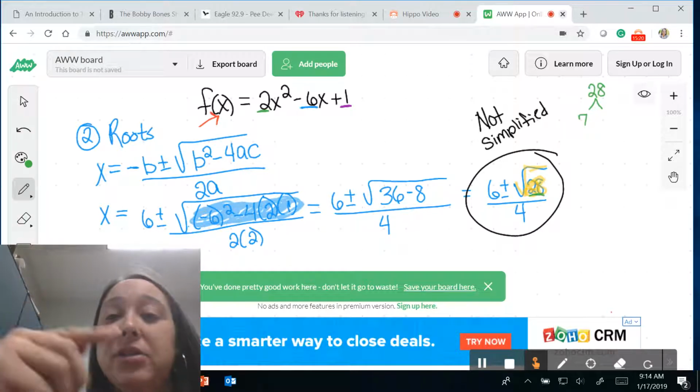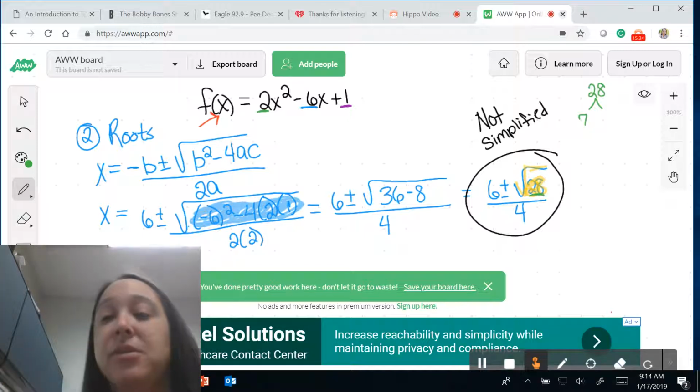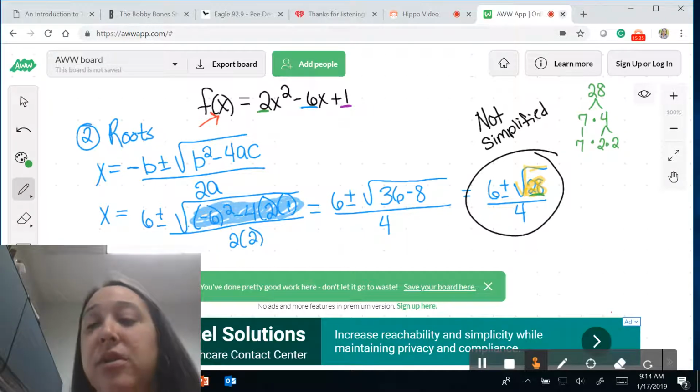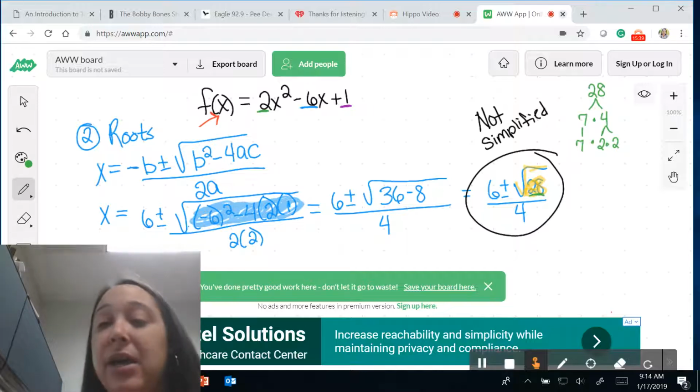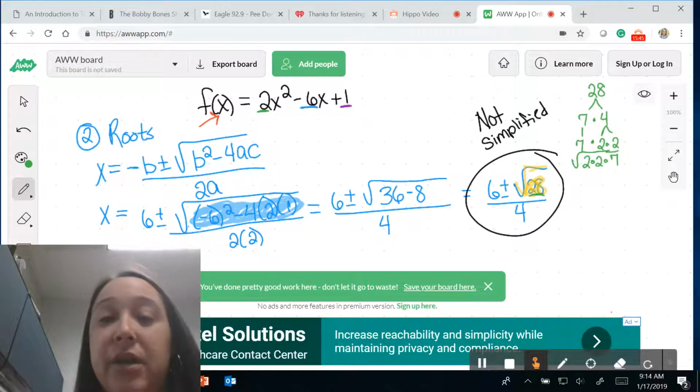You want to break it down into your prime factorization, all of your primes. I know that 7 times 4 gives me 28. 7 is prime, but 4 is not, so I can break that down a little bit more. Now that's my prime factorization for 28. What I really have here is 2 times 2 times 7 under that radical.